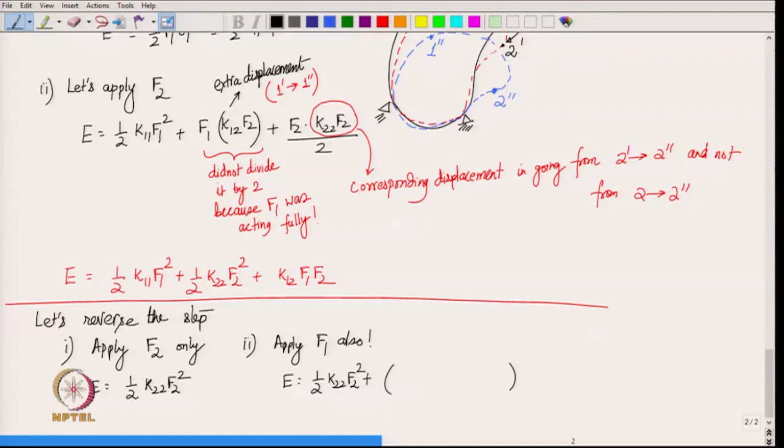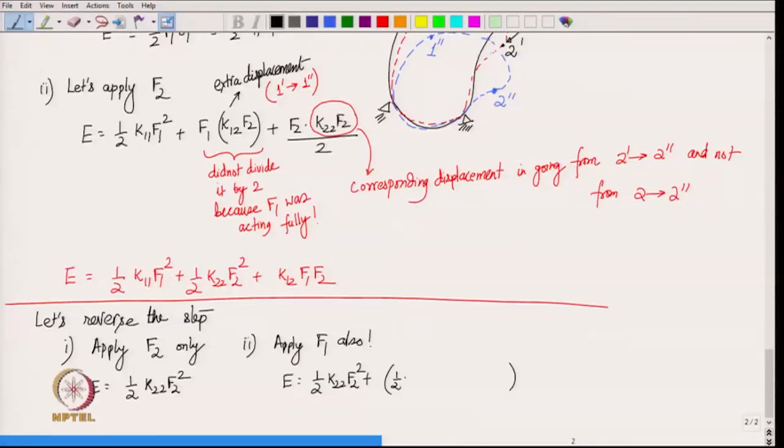And additional energy has got two components. One is due to F1 itself, which we are ramping up slowly from 0 to F1. So, the work done would be half of F1 into the corresponding displacement due to force F1 alone, right, which is nothing but K11 into F1, correct.